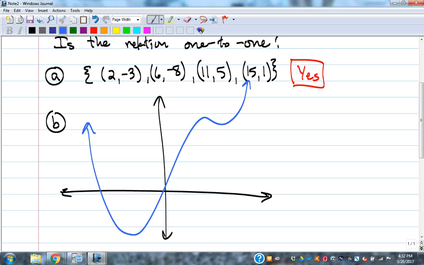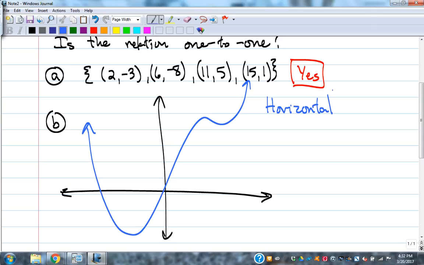And they want to know, is that a one-to-one function? To be a function, does anybody remember the test that we used to decide if a graph was a function? Vertical line test. This would pass the vertical line test easily. It is a function. But to be a one-to-one function, you use what's called the horizontal line test.